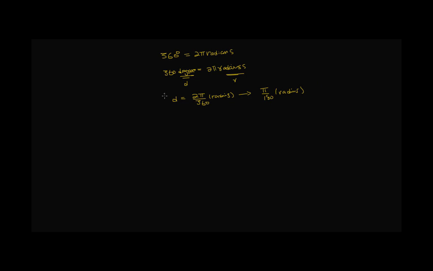Let's do a little example. How many radians is 90 degrees going to be? We can multiply both sides by 90 degrees.